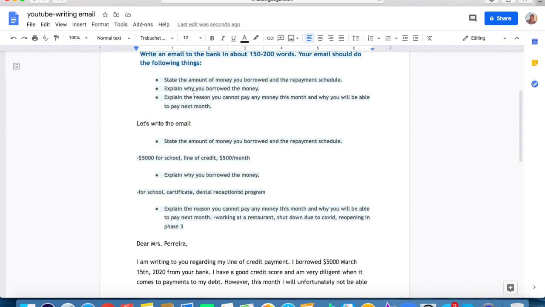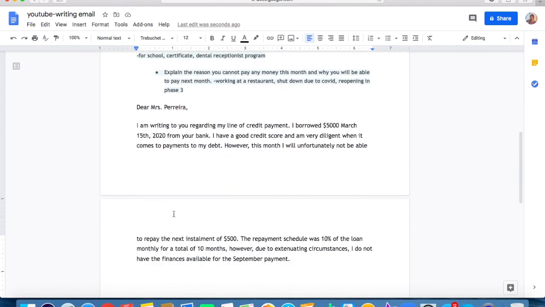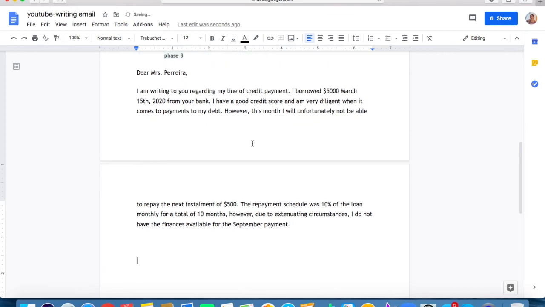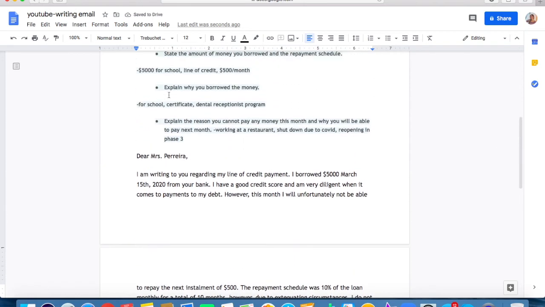I haven't explained why I borrowed the money. Okay, so this is going to be my first paragraph. What I've done here is say: look, I borrowed this money, I can't pay it back, and then I state the repayment schedule. So one space, and now I'm going to do the next two prompts.